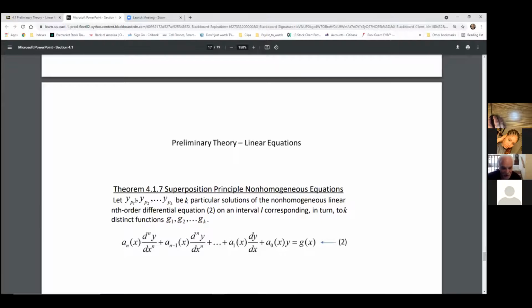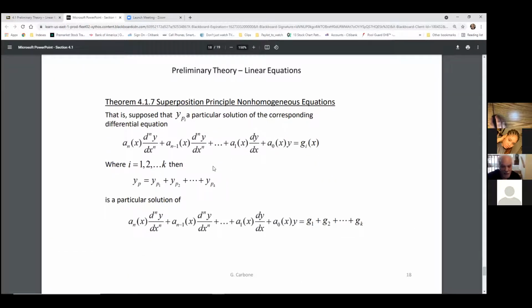So I have a particular solution P1, particular solution P2, up to PK, and that corresponds to distinct functions, which I'm calling G1, G2, up to GK.